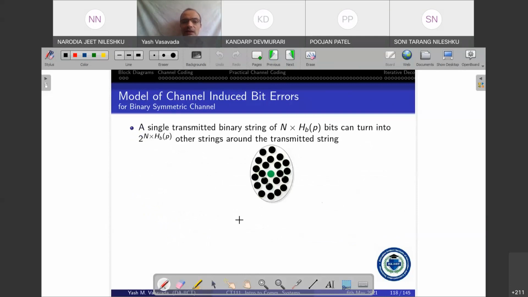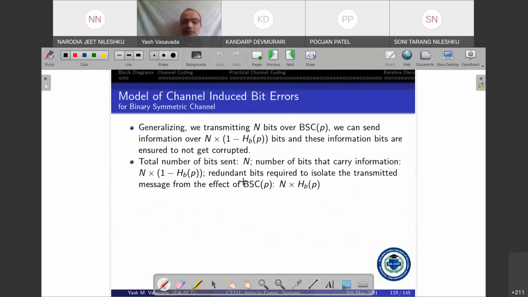So to isolate where the error has happened, we need n times HB of P bits. And therefore, we can send the information over the remaining n times 1 minus HB of P bits.